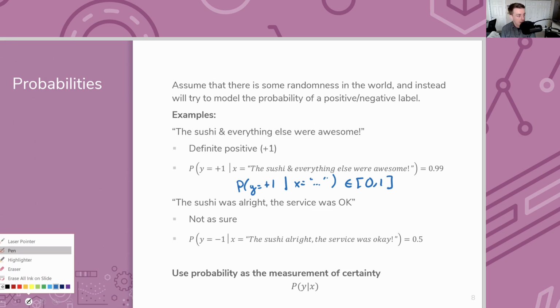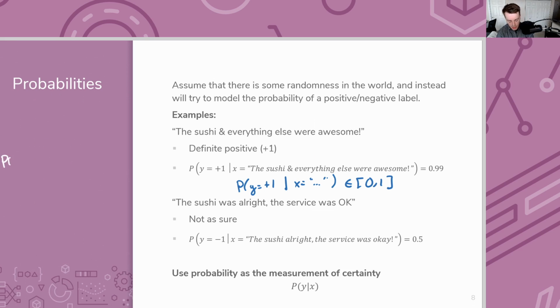Now, in case you haven't seen this conditional probability notation, I want to highlight a couple other things. We'll sometimes use this notation P(y|x) to mean either the probability that y equals +1 given x if y is equal to +1, or the probability that y equals -1 given x if y equals -1.